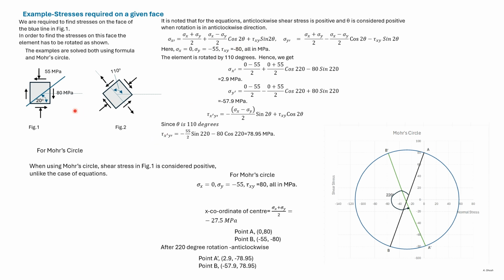The sign convention that we are following in the equations and in the Mohr circle are opposite for shear stress. So while this shear stress is negative when we are using the formulas, it is positive when we are using the Mohr circle. We can find out the center of the Mohr circle, which is minus 27.5.